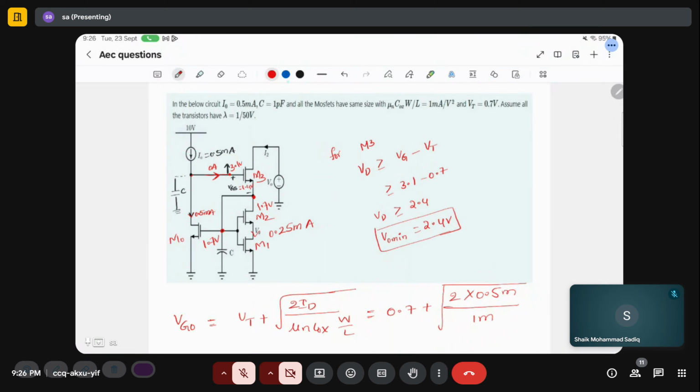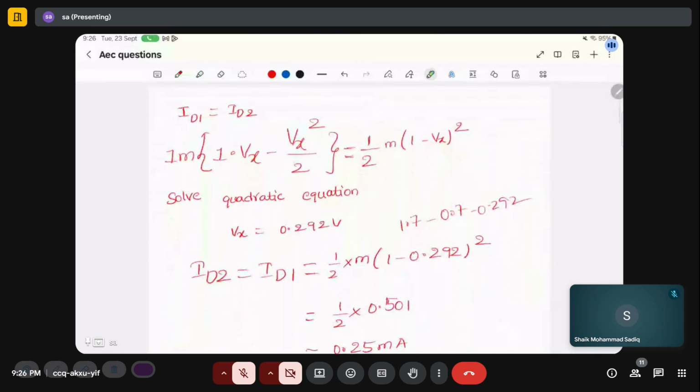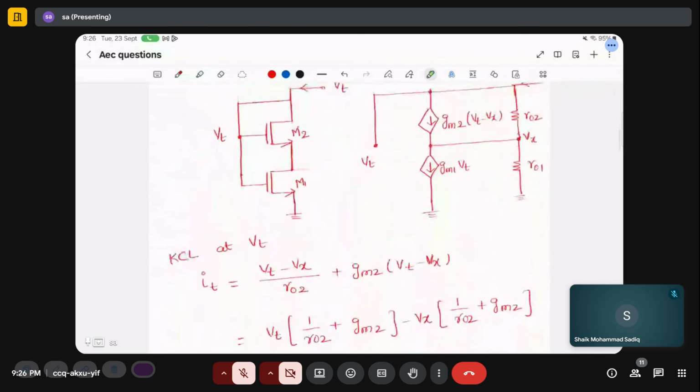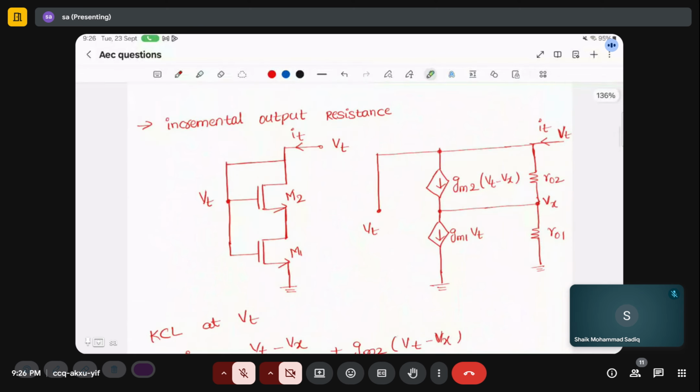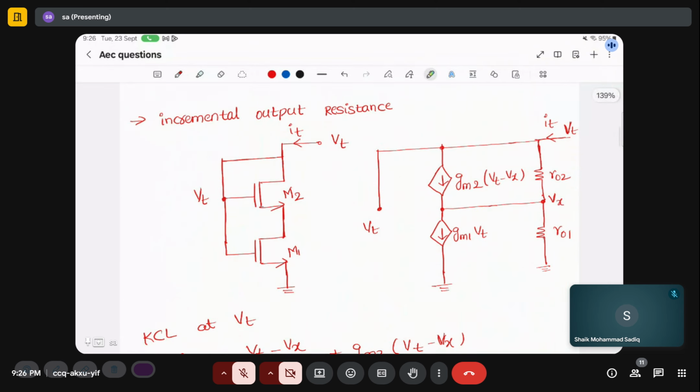I will take this part as a subpart and find the resistance looking down at this node. That will make our life easy. So I am taking this part, and I am doing small signal analysis.